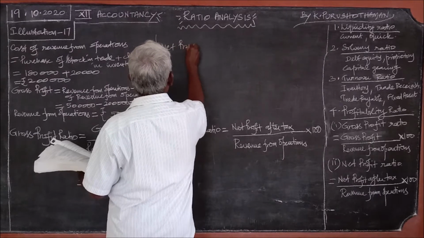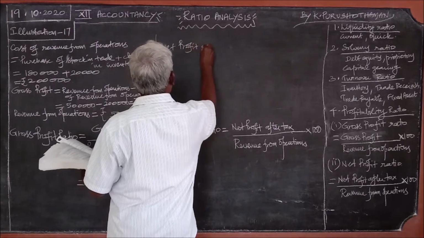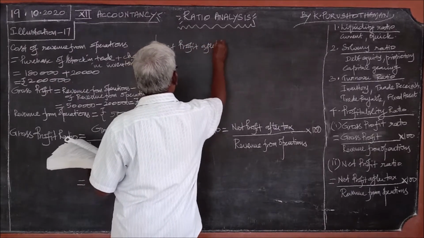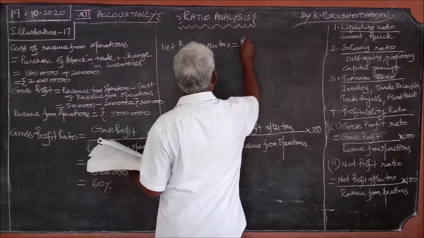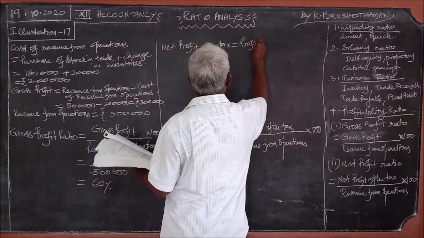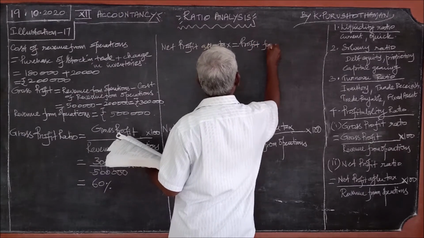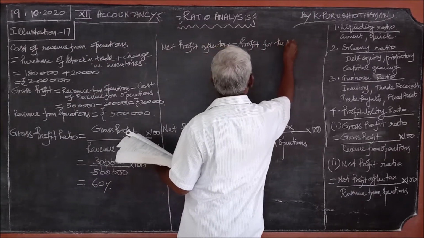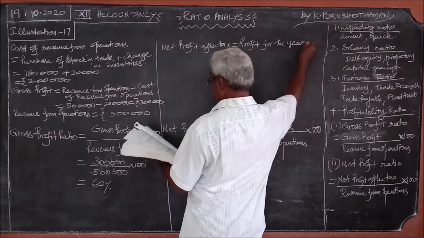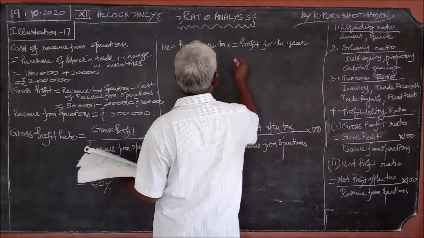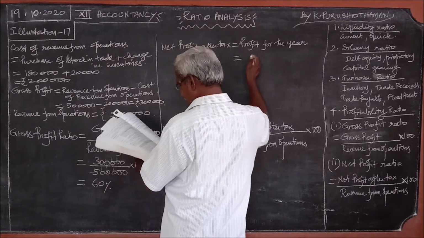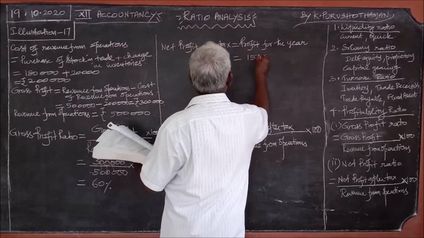Net profit after tax is equal to profit for the year. Net profit for the year is the term given in the problem. That is equal to 1,50,000.